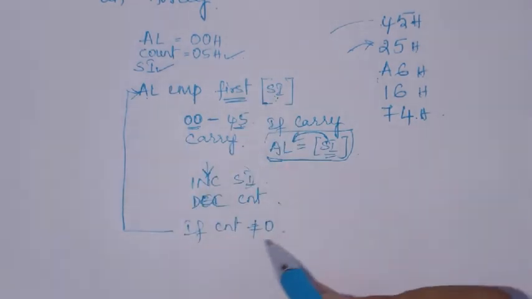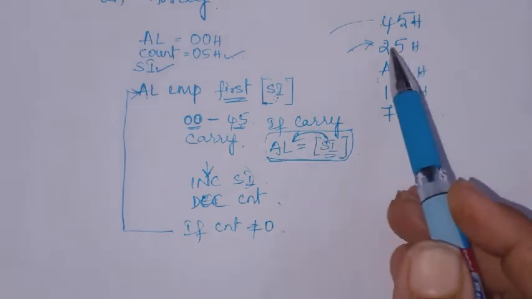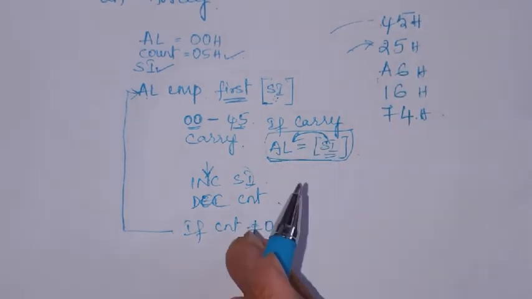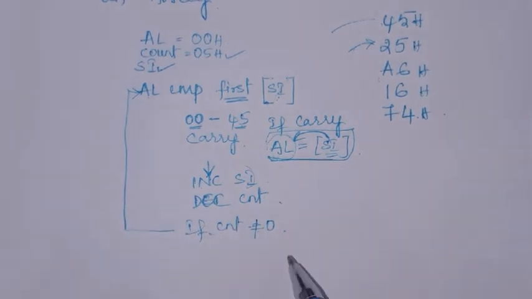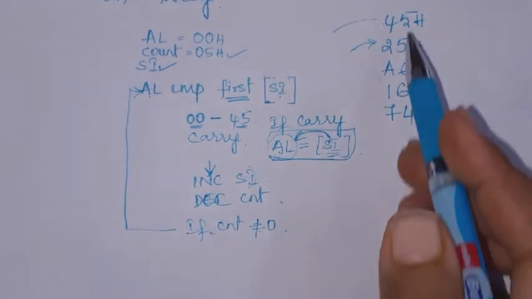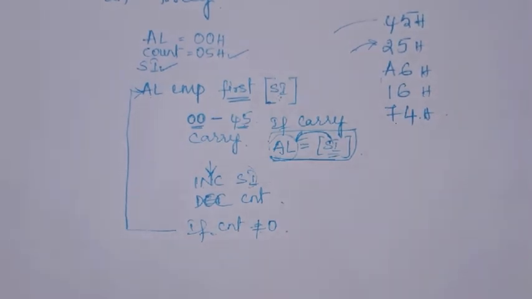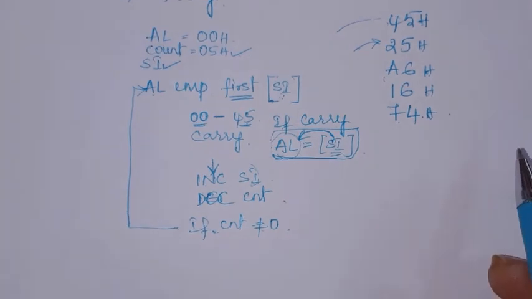So the logic is: if there is a carry, then move the contents from memory to the AL register. That means after each iteration, AL will contain the larger number. At the end, AL will have the largest number from the given array, and you can display it or send it to a memory location reserved for that.